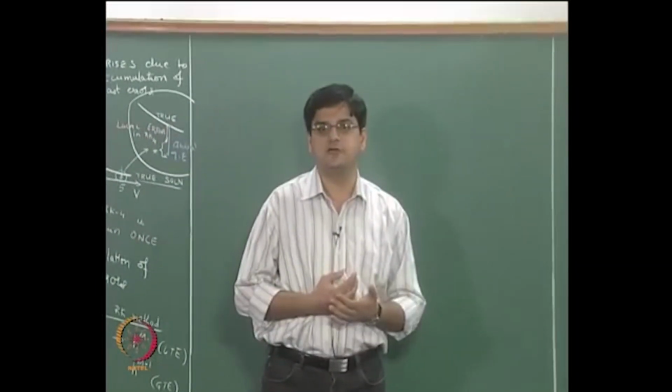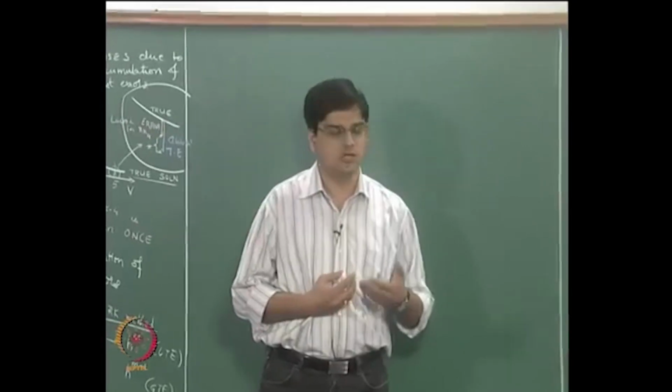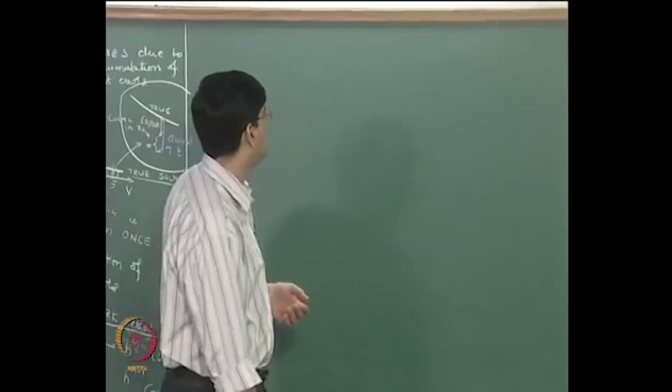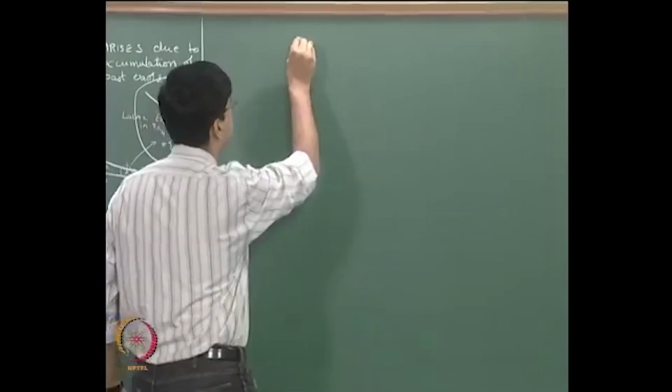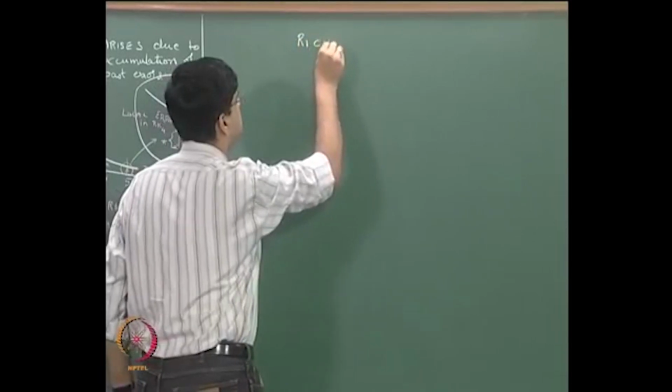The next thing I will cover today is we will go on to a little bit more advanced topic. Really what I want to cover is adaptive step sizing, but before going to adaptive step sizing, we will look at Richardson's extrapolation.